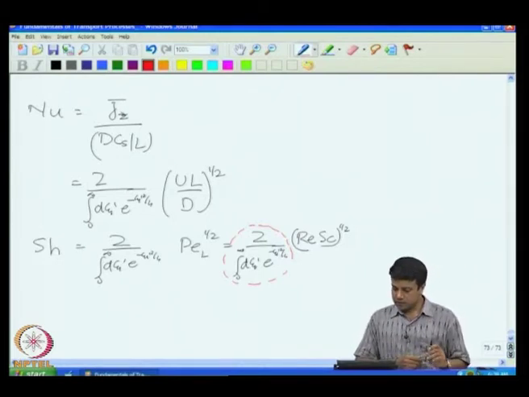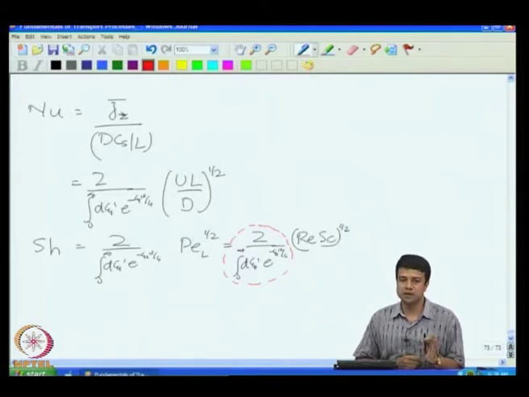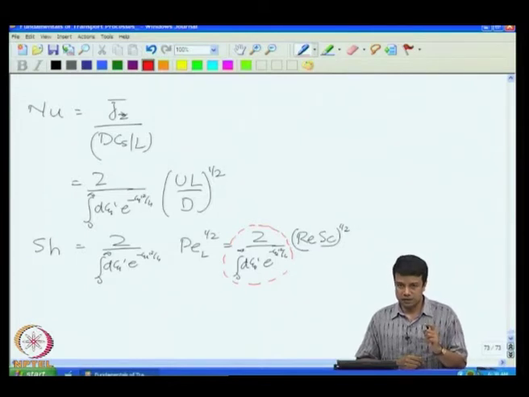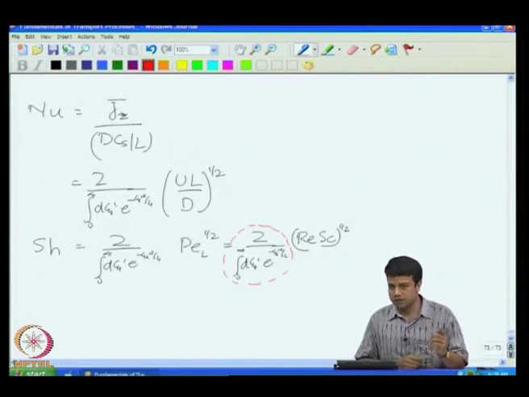So, in this problem of transfer to a film, we used the analogy between the equations, which were basically partial differential equations in x and z, and the equations that we had got earlier for the unsteady problem, unsteady diffusion into an infinite medium, where it was a partial differential equation in t and z.